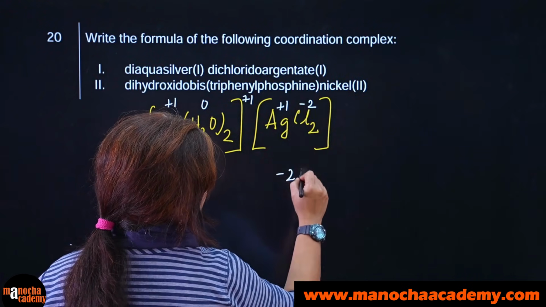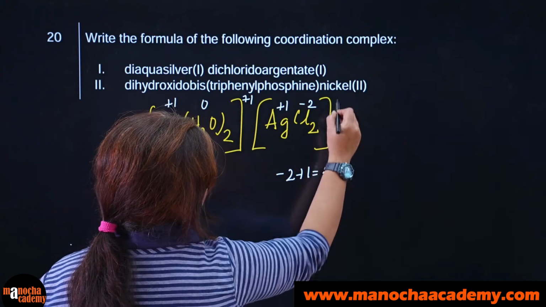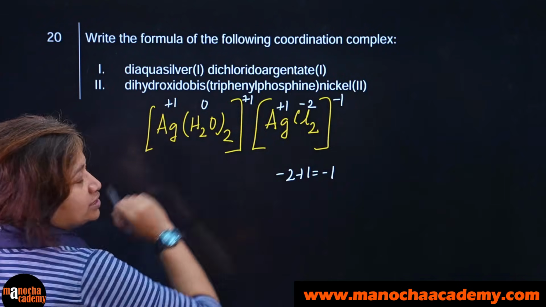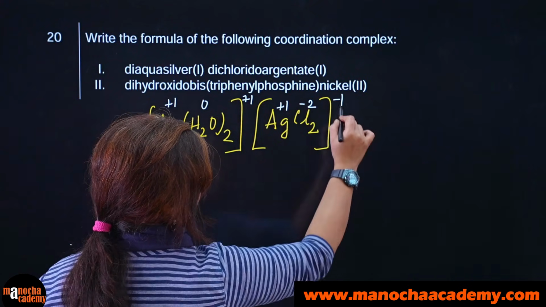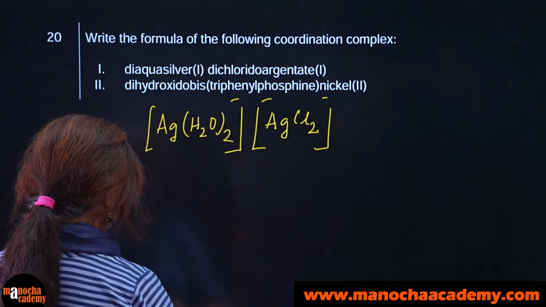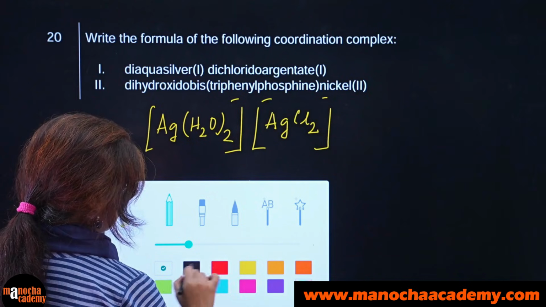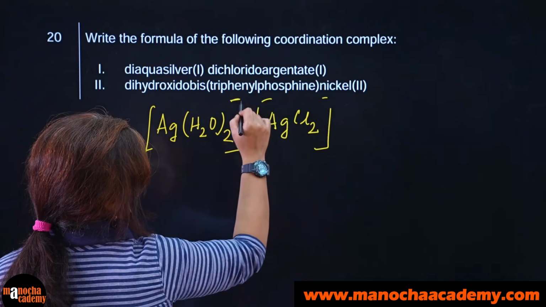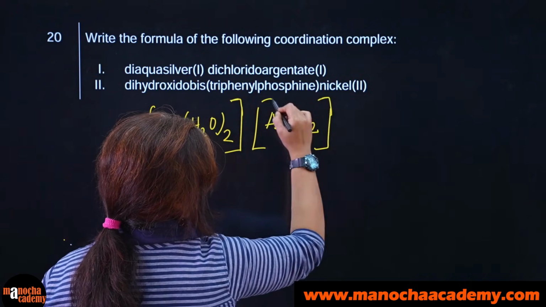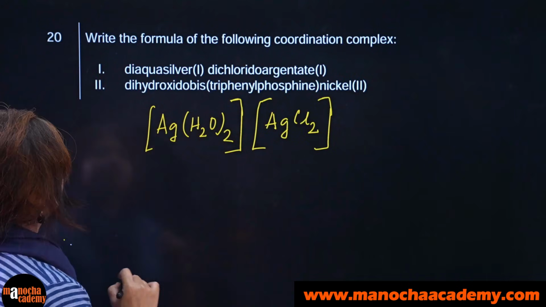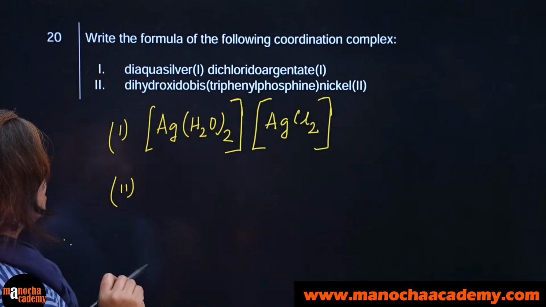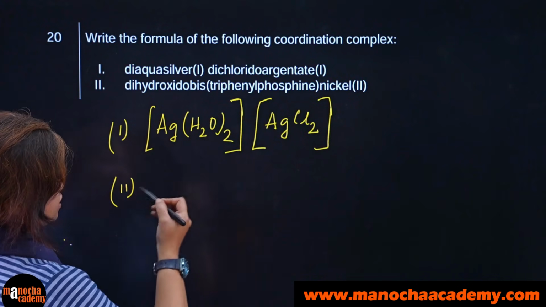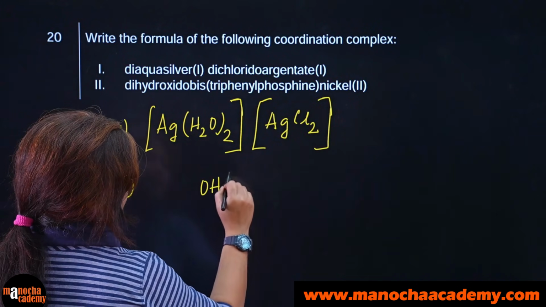So -2 plus 1 is -1. So we can see here the charges are balanced. So in that case the structure is this only, no whole twice or anything is required. So this is the answer. Okay, that was the first one. Coming to the second one. Dihydroxido. Hydroxido is OH. It's whole twice.